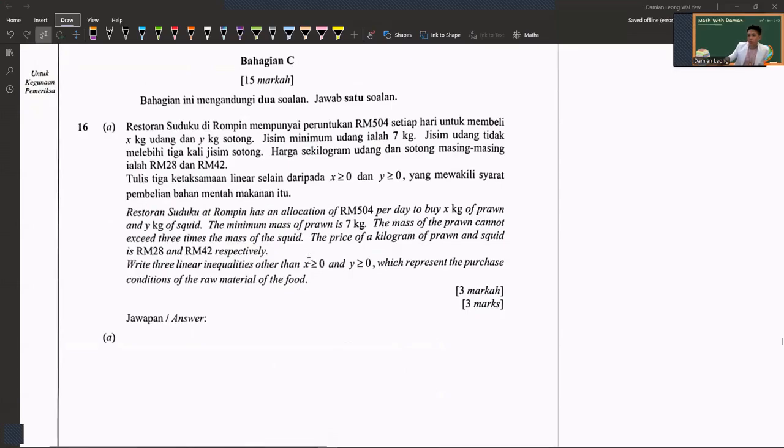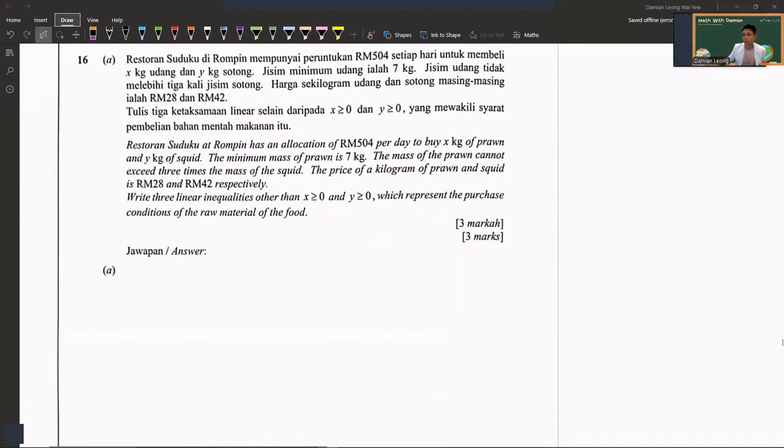Then mass of prawn cannot exceed 3 times the mass of the squid. Price of kilogram of prawn and squid is 28 and 42 ringgit respectively. So write 3 linear inequalities other than x more or equals 0 and y more or equals 0, which represents purchase condition of the raw materials of the food. So allocation 504 ringgit per day.